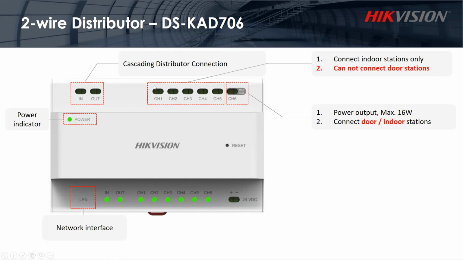At the end, after you connect the indoor and outdoor modules to the channels here, you just need to connect the network interface here to the main switch or the network which you have, and everything should be viewable on the SADP tool as if they are purely IP devices.